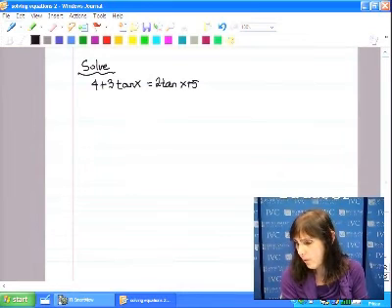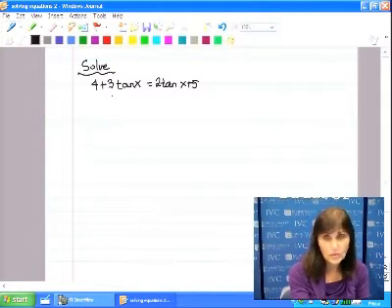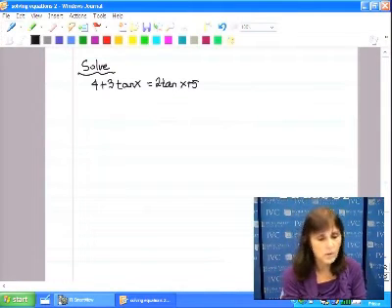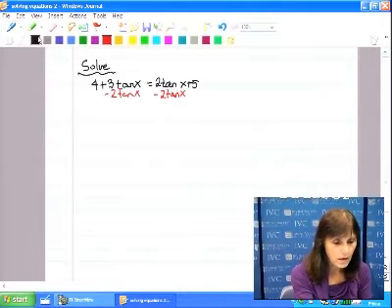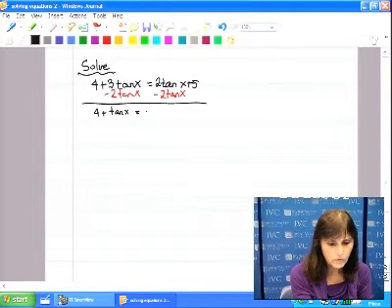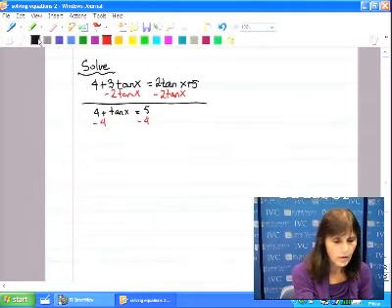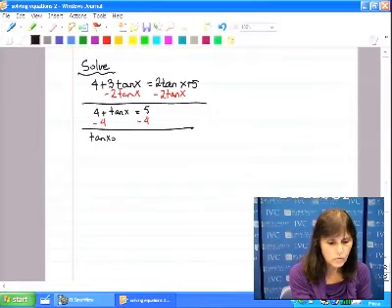Then you go, okay, well, how do I do this? I move all the tangents to the left, and the numbers to the right. So I just go, okay, well, negative 2 tangent x on both sides, and you have 4 plus tangent x equals 5. Then negative 4 on both sides. Then you have tangent x equals 1.